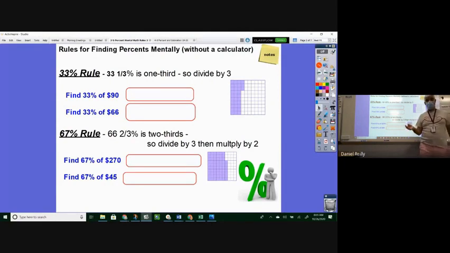33% and 67% are thirds. 33 and a third percent is 1/3 of a number.